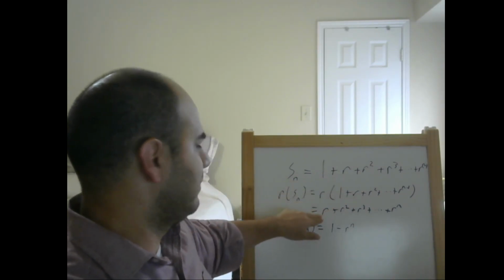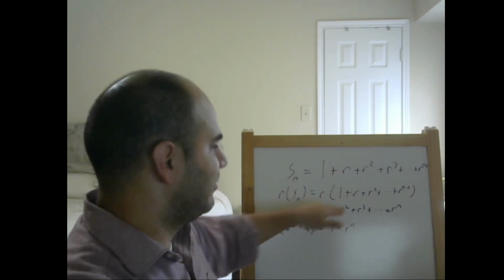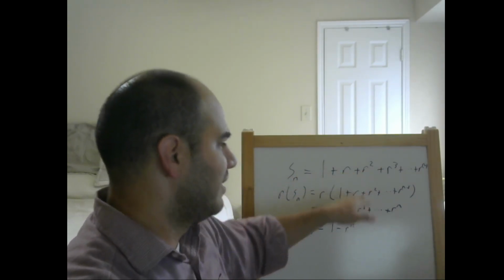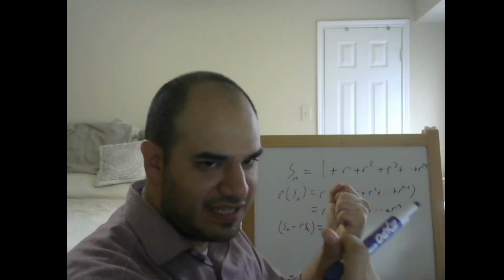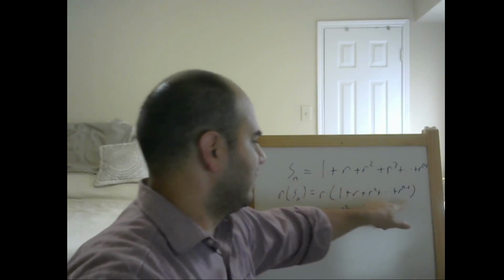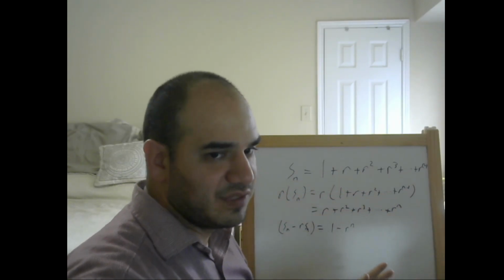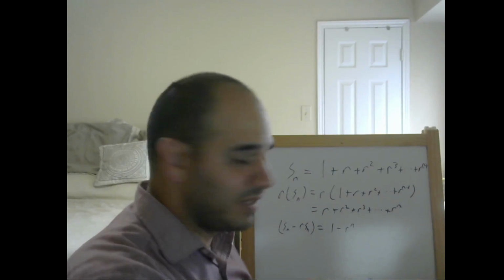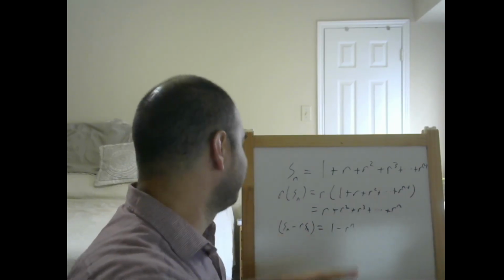So this minus r is 0, r squared minus r squared is 0, and so on and so forth. And so the first term of this one and the last term of this one are the only ones that are left when we perform the cancellation. So we end up with this.